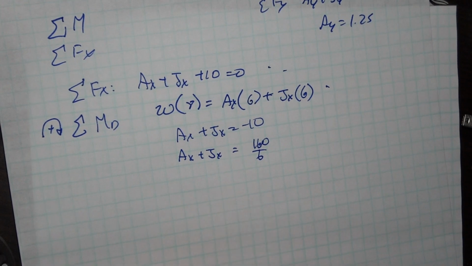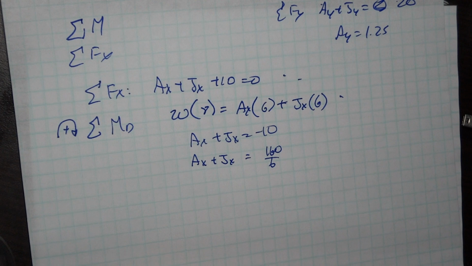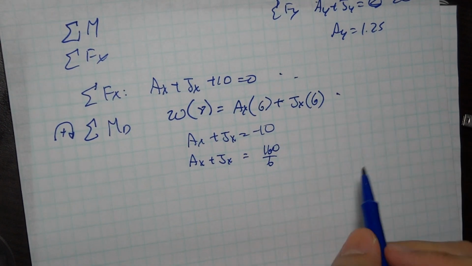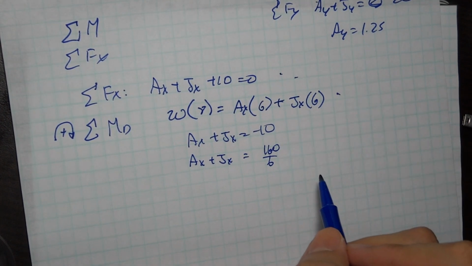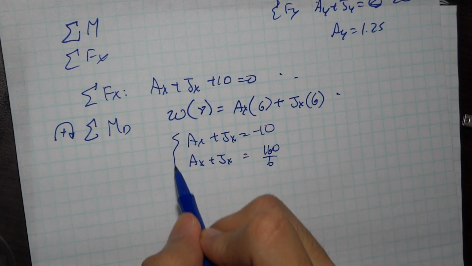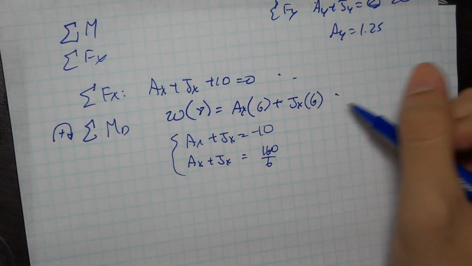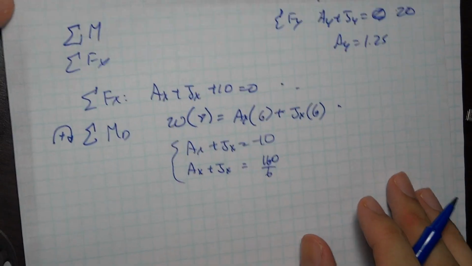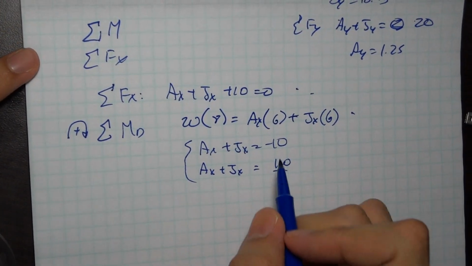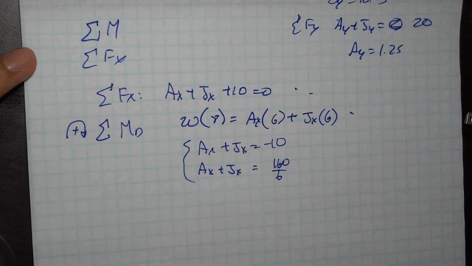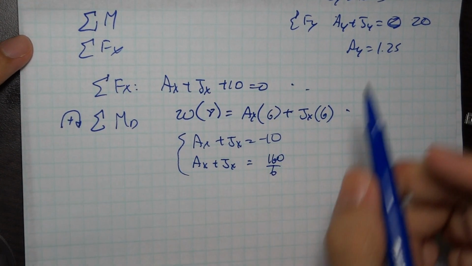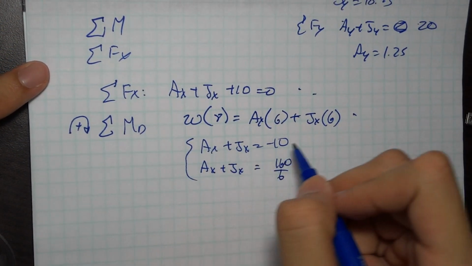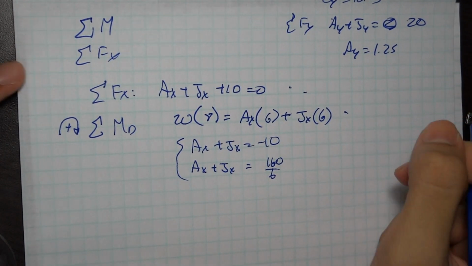This cannot be done. You do not get two values. You just can't solve this equation. I don't know how to say that any more ways, but this equation gives you results that mean nothing, because there is no combination where you get Ax plus Jx equals two different numbers.